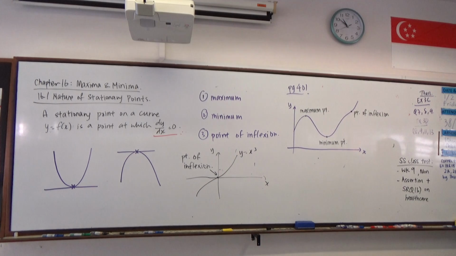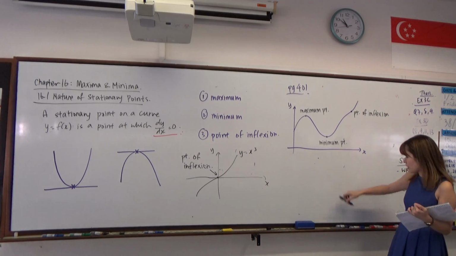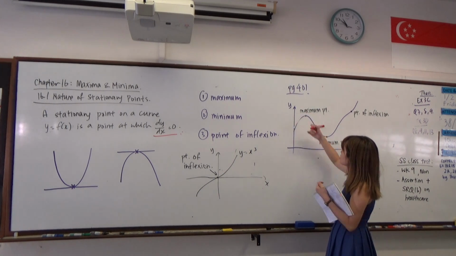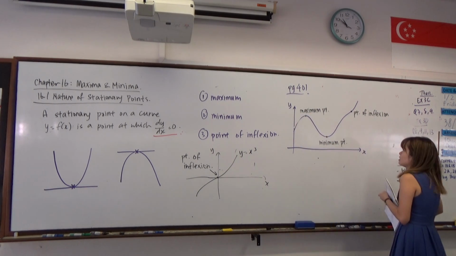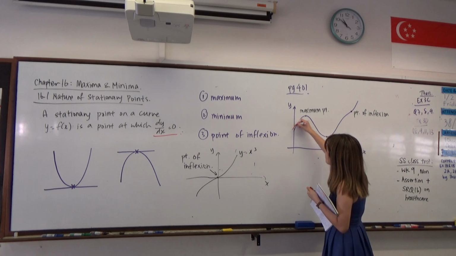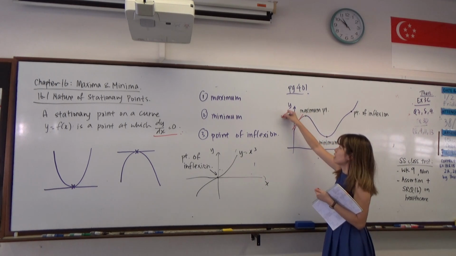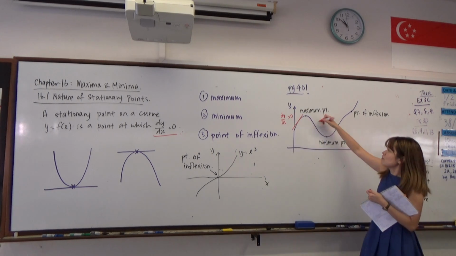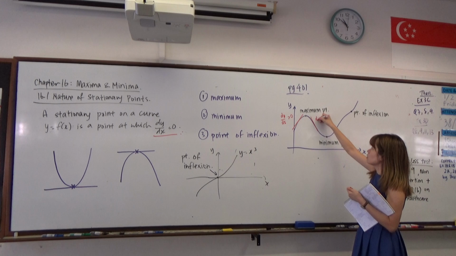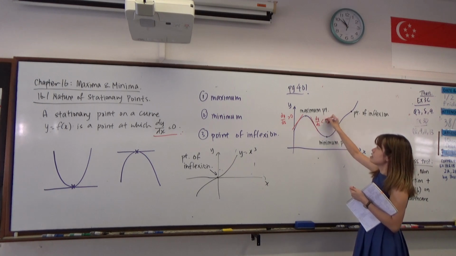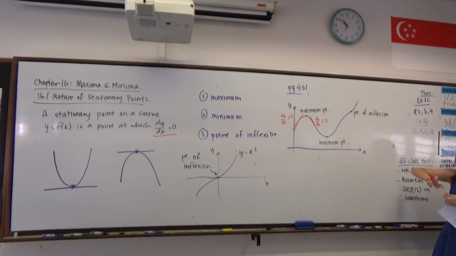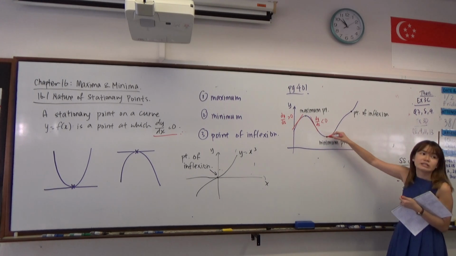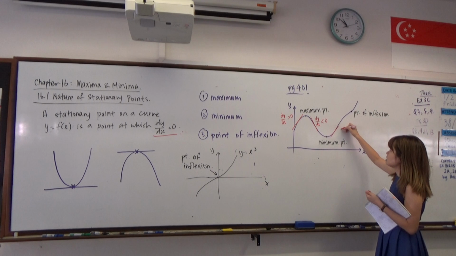So what we observe is that for maximum point, the gradients of the tangents over here, this will be dy over dx, it is positive. Over here it is negative because downward sloping. Sorry that my tangents are not very accurate. Then towards the minimum, this side here it is negative, over here it is positive.